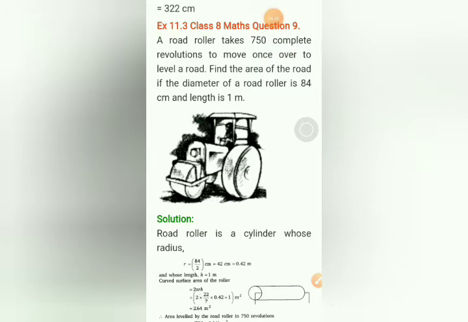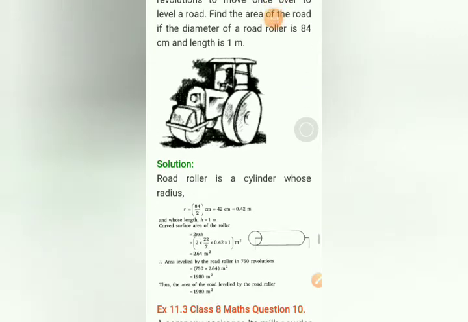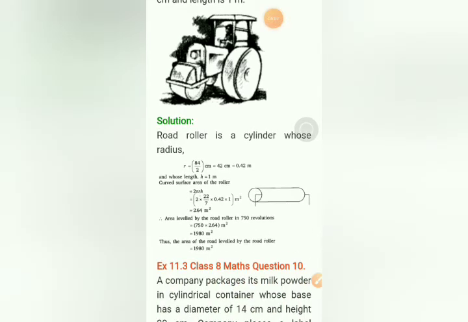That means the road roller is made of cylindrical wheels. What information is given? Length is given as 1 meter, diameter is given as 84 centimeter. So radius will be half of diameter, that is 0.42 meters. You have to convert that into meters.